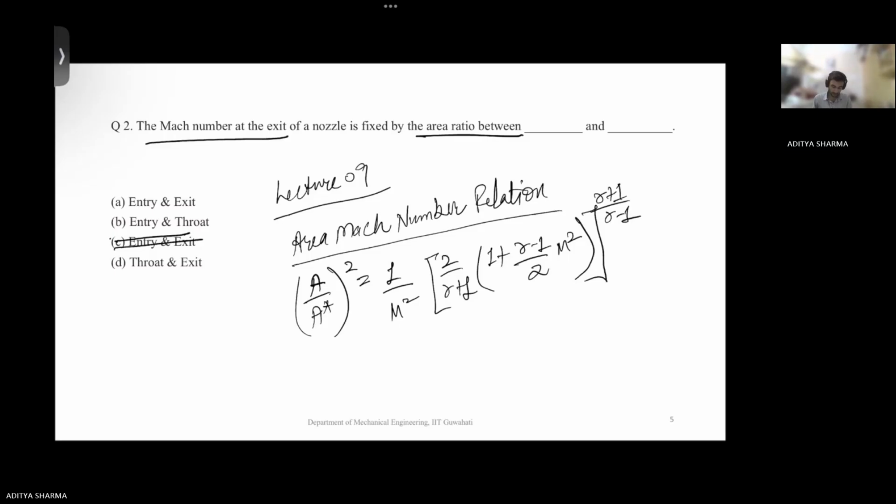Now, one area is for your throat, and this area is for the cross section in the variable area duct where you want to get your Mach number.